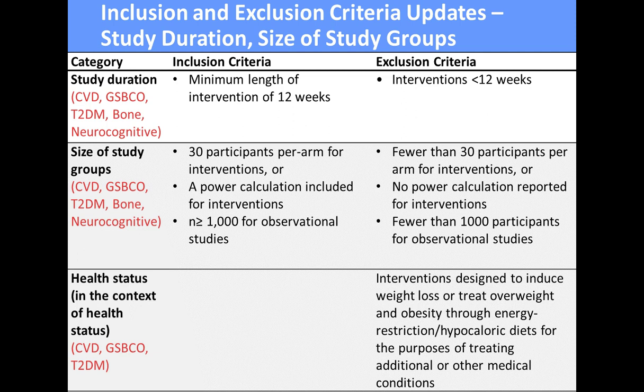So to better align with criteria applied by other subcommittees and due to the short timeline relative to the workload volume, the subcommittee discussed and applied additional inclusion and exclusion criteria that would both narrow and strengthen the body of evidence for the remaining questions. These additional criteria were applied prior to the completion of screening. Inclusion and exclusion criteria for study duration and size of study groups were applied for the dietary patterns question related to cardiovascular disease, growth size, body composition, and risk of obesity, type 2 diabetes, bone health, and neurocognitive health.